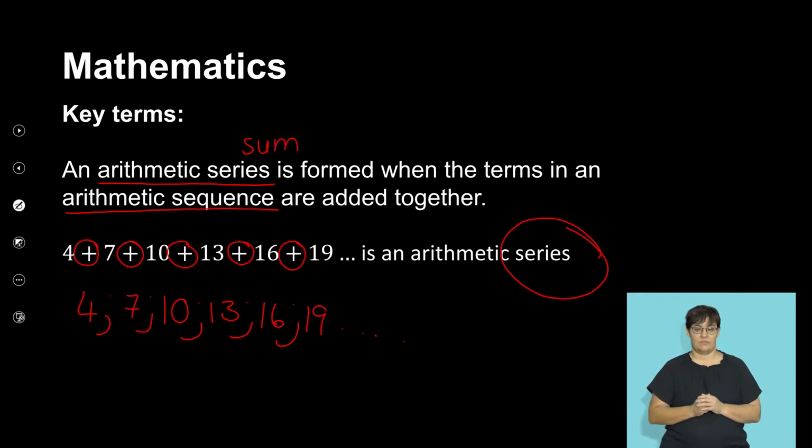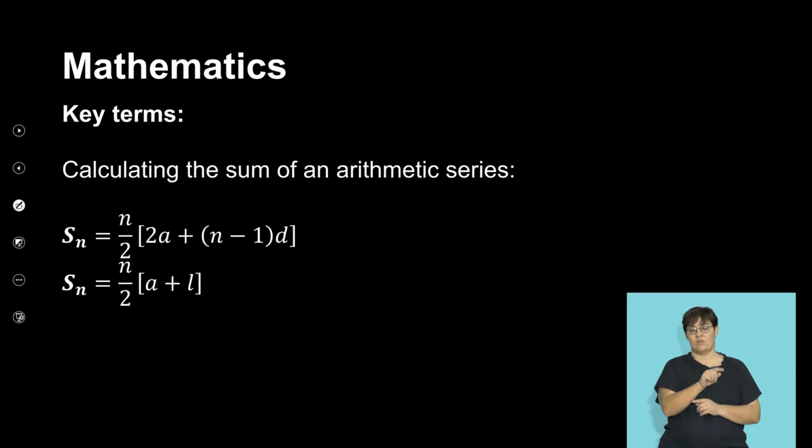Great. Let's have a look at the actual formula for an arithmetic series. So everyone, the two ways that I can calculate the sum of an arithmetic series are Sn is equal to n over 2 times (2a plus (n minus 1)d). Or alternatively, I could say Sn is equal to n over 2 times (a plus l).